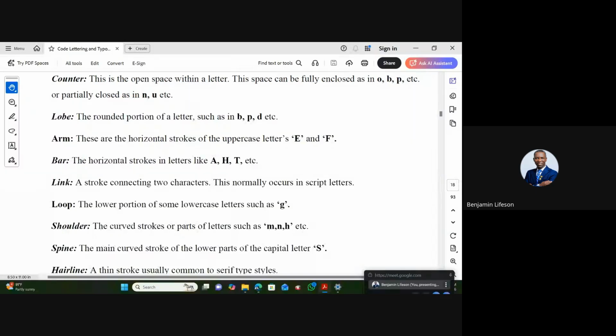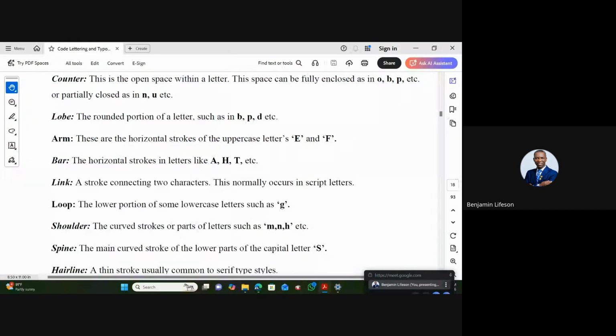So that is the arm. We can see examples of that, which are there for our perusal.